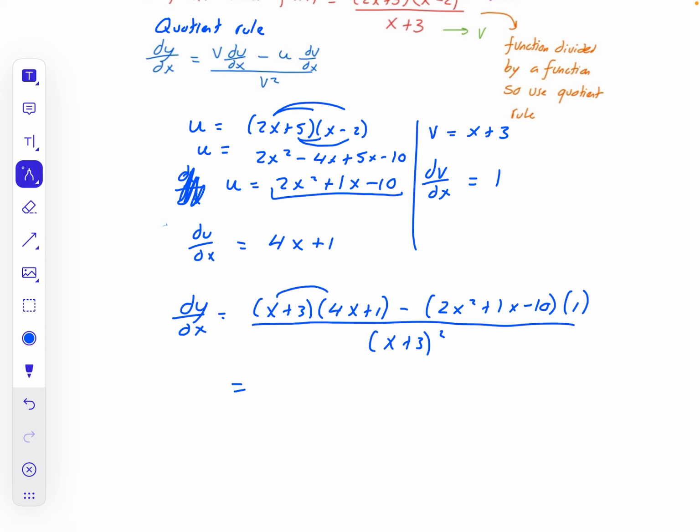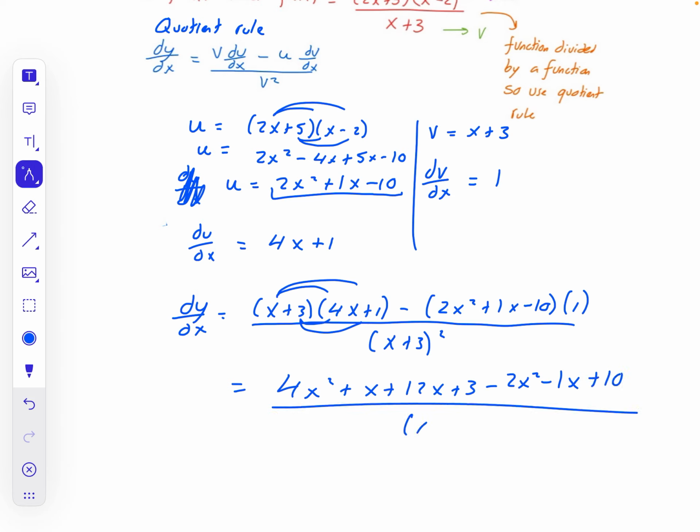Okay, and now we'll just tidy it up a little bit. So multiply out those two first brackets there. It's going to be 4x squared plus x plus 12x plus 3. It's going to be minus 2x squared minus 1x, and then be careful, minus by minus gives me plus 10.